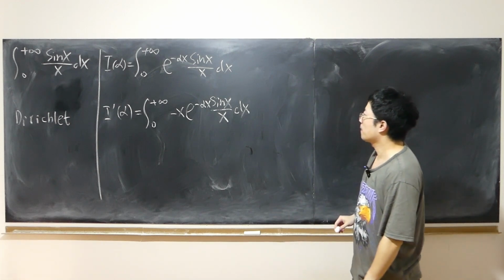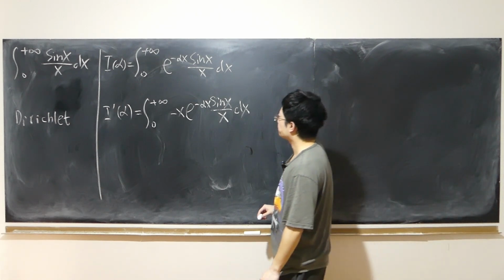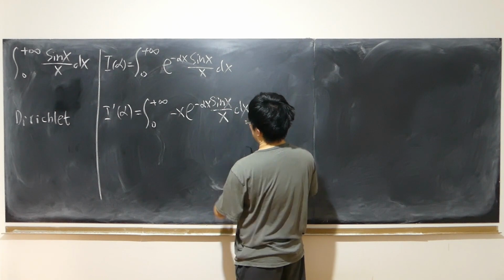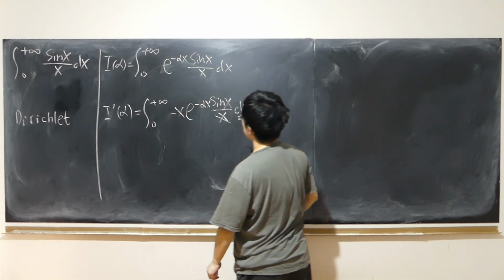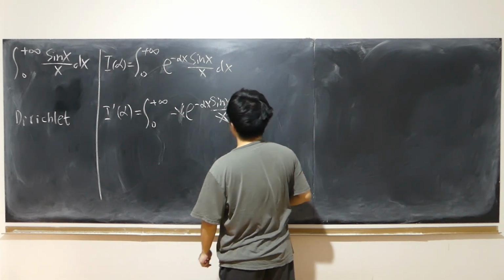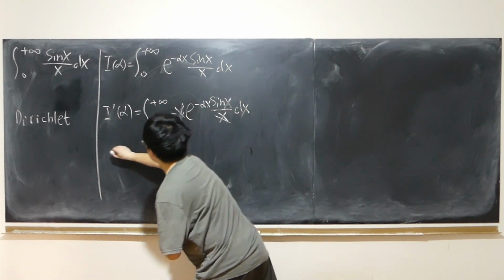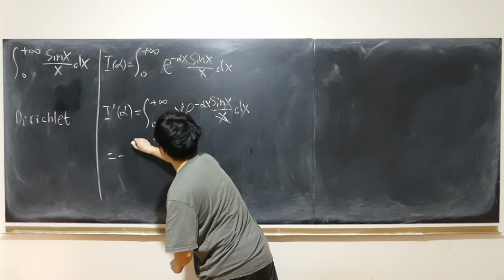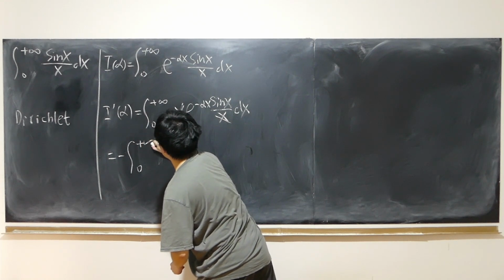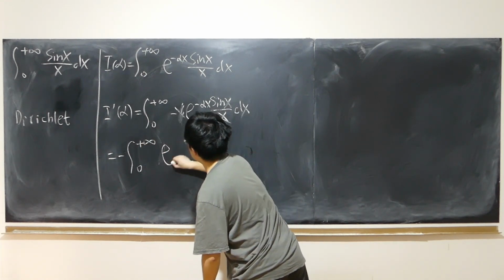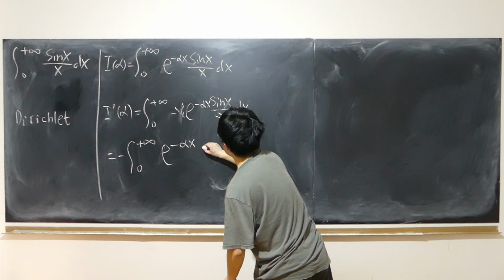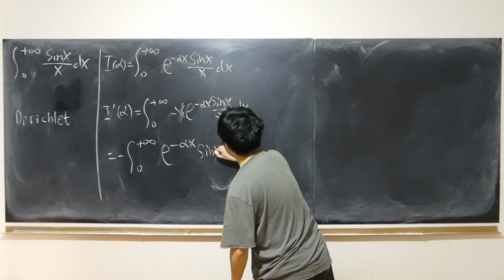So this time, x cancelled out. So we have negative integral from 0 to positive infinity of e to the negative alpha x sine x.